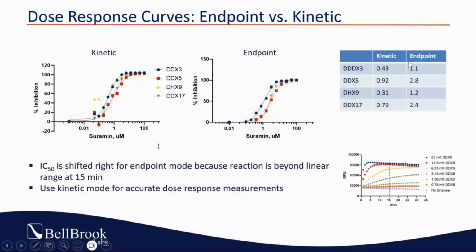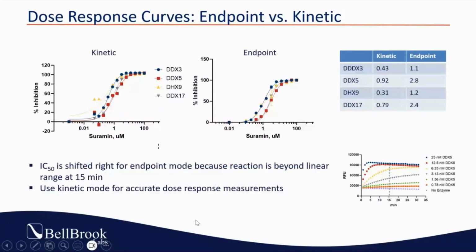So that means the IC50s are higher, 3 to 4-fold higher in endpoint mode rather than kinetic. And the reason for that is that you're measuring the activity out here beyond the linear range. And so it's not going to adhere to the Michaelis-Menten kinetic rules that you need. So all the assumptions won't hold. So the math just isn't valid in this nonlinear range.